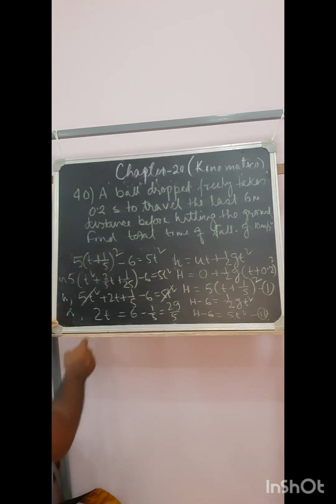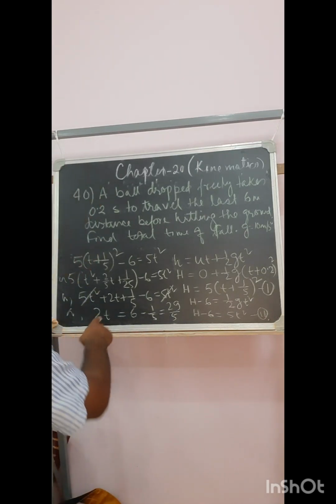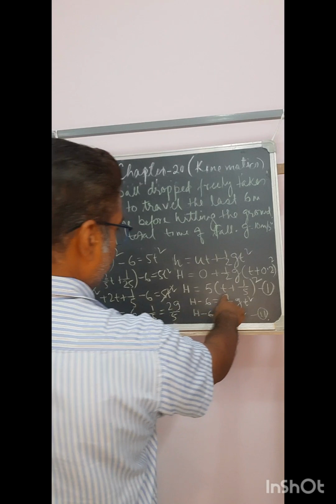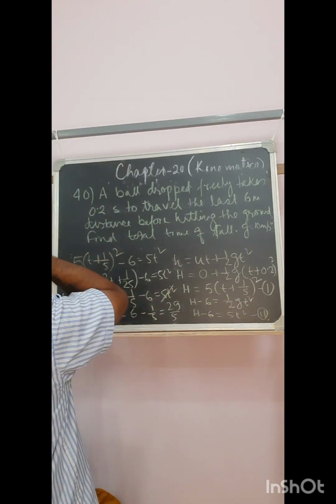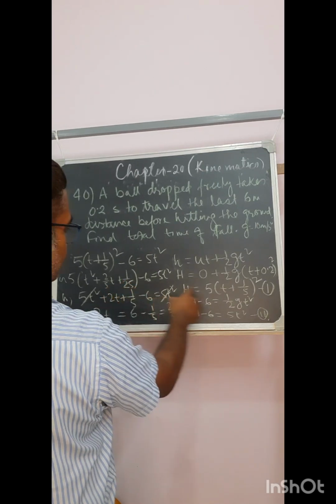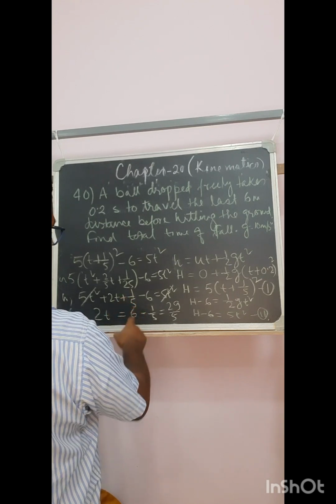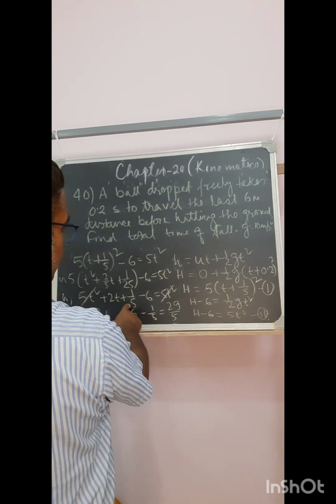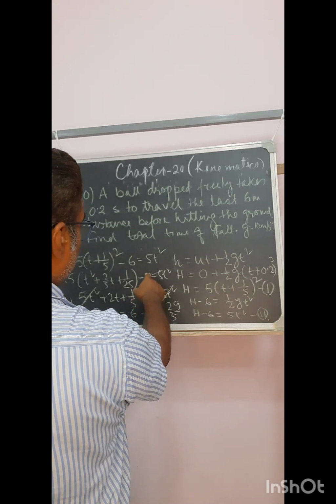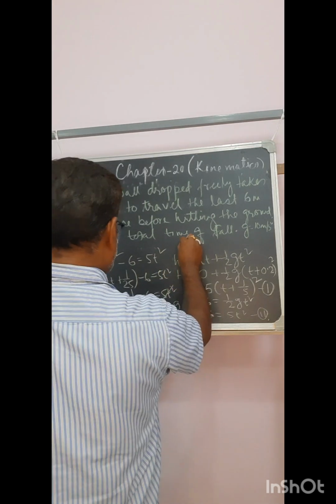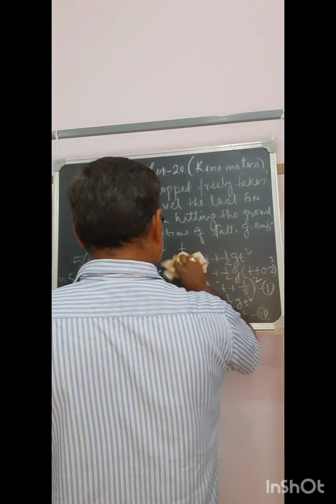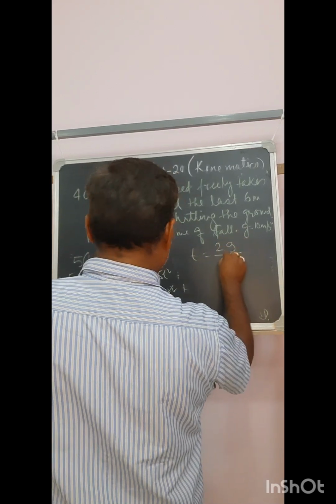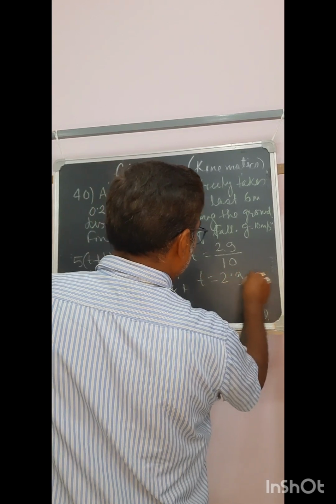So t is equal to 29 by 10, that means t is equal to 2.9 second.